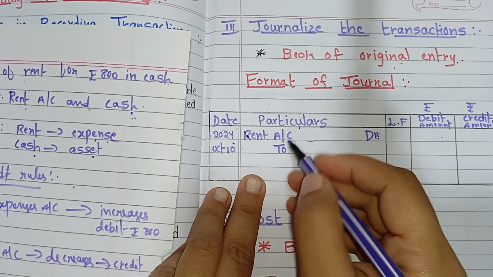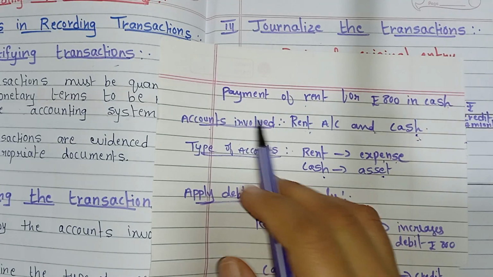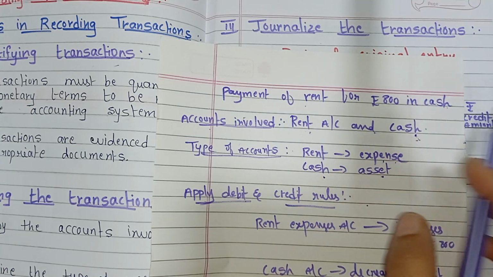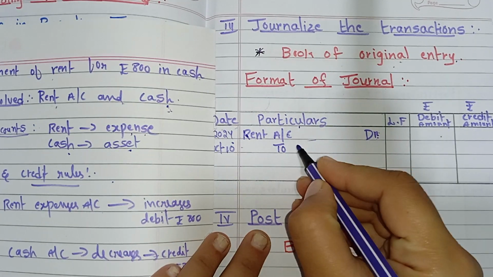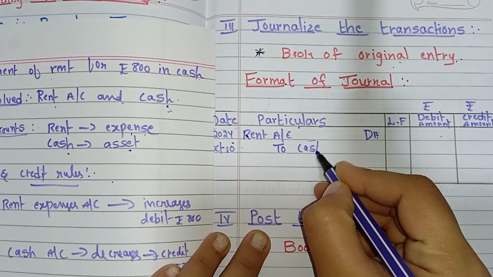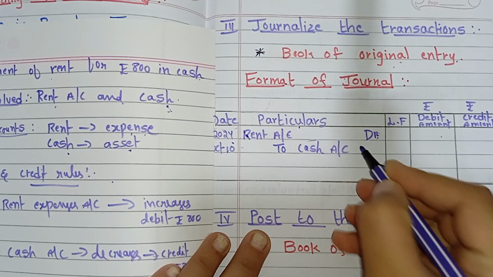Rent account debit to. What is the transaction? Payment of rent for rupees 800 in cash. Rent expense account or rent account debit to cash. We are paying the cash, so cash account.